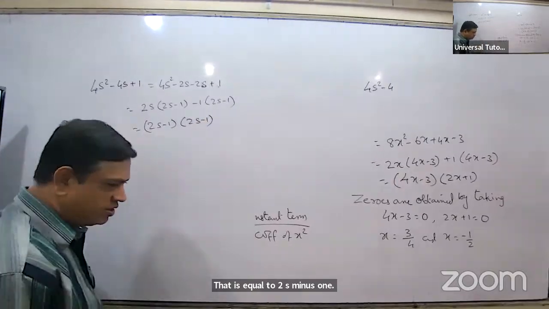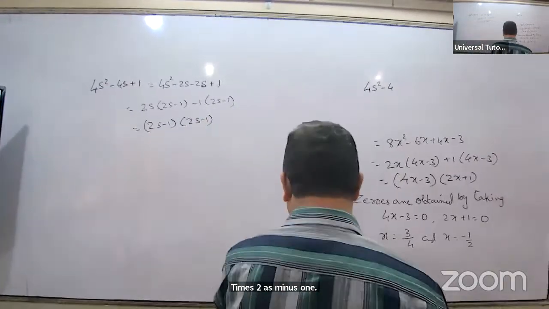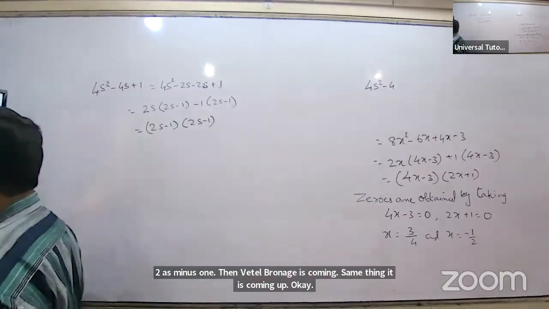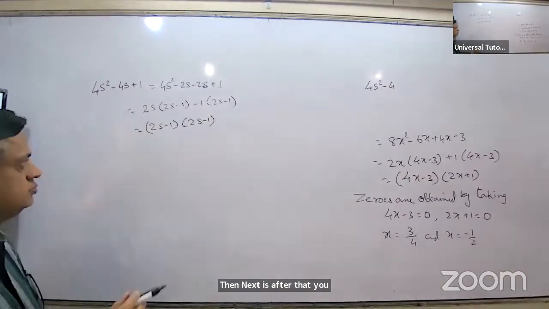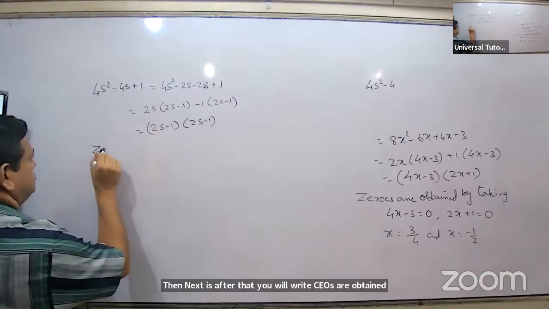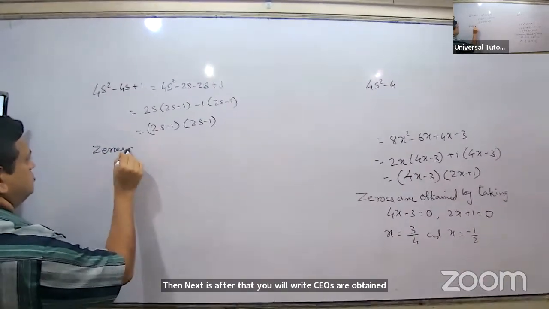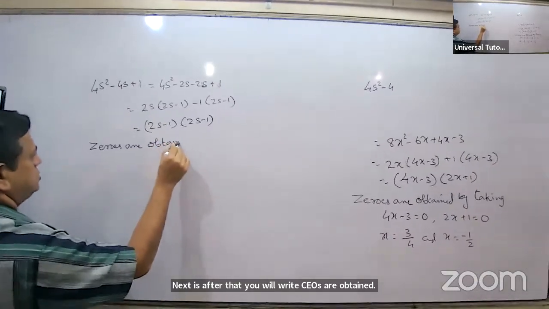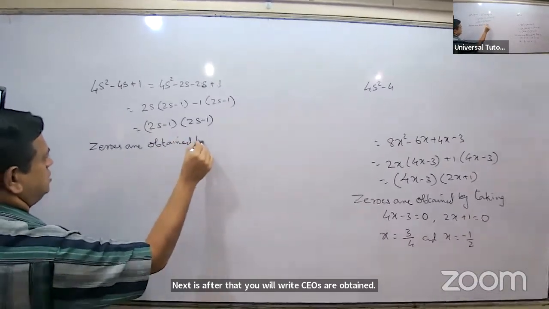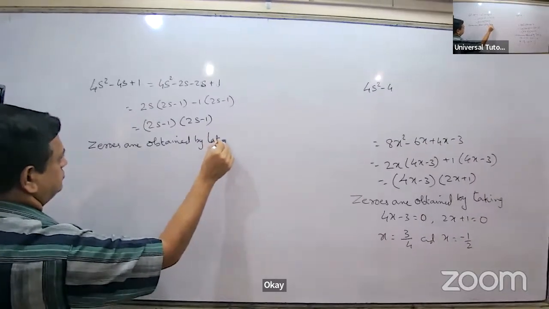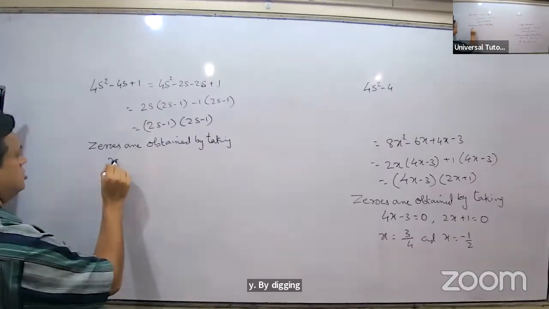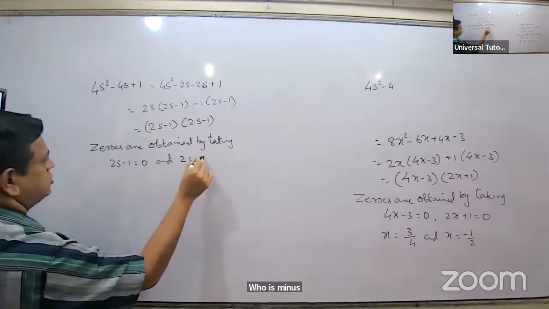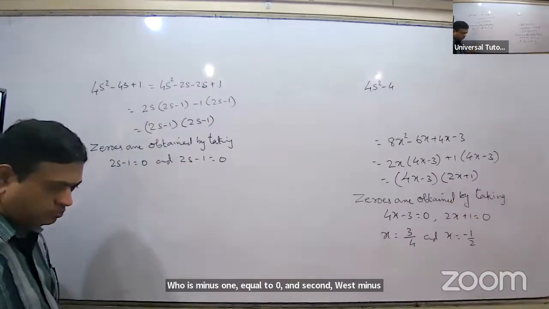The same factor is repeated. Then after that you write, zeros are obtained by taking 2s minus 1 equal to 0 and the second 2s minus 1 equal to 0.